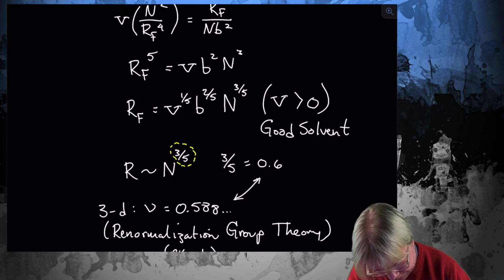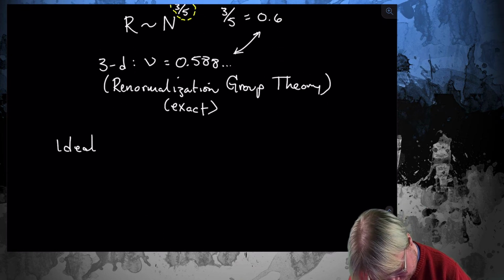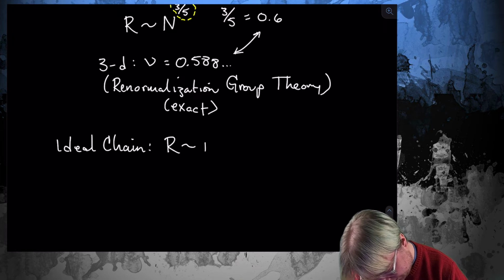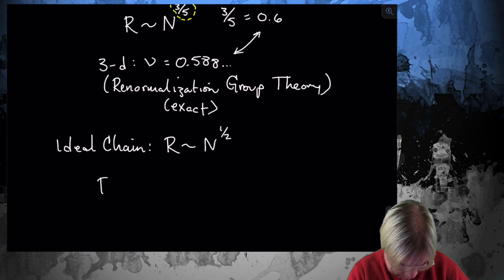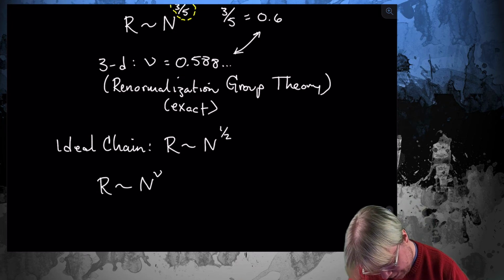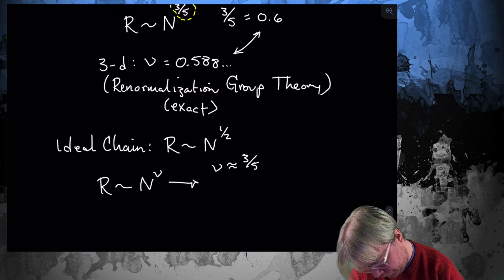So you can see I've got this scaling here for an ideal chain. R scales as n to the 1/2. So in general, what we'll say is that R scales as n to some power nu, and nu is going to be approximately equal to 3/5 in a good solvent.